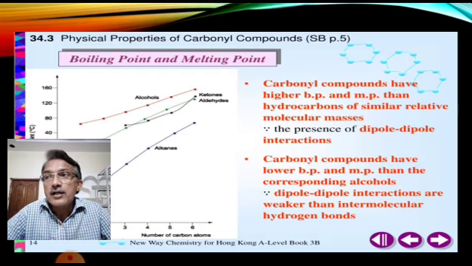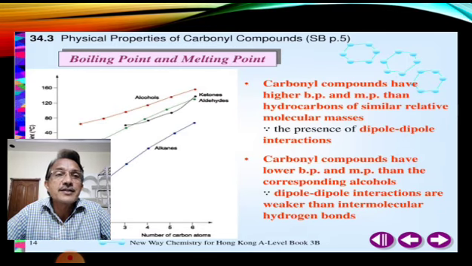In carbonyl compounds we can find dipole-dipole interactions, whereas dipole-dipole interactions are not found in hydrocarbons. Due to the presence of dipole-dipole interactions, carbonyl compounds have higher boiling and melting points.